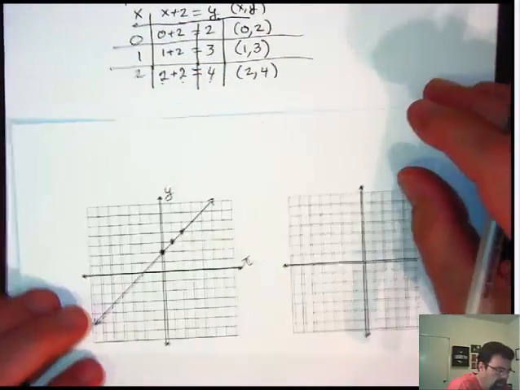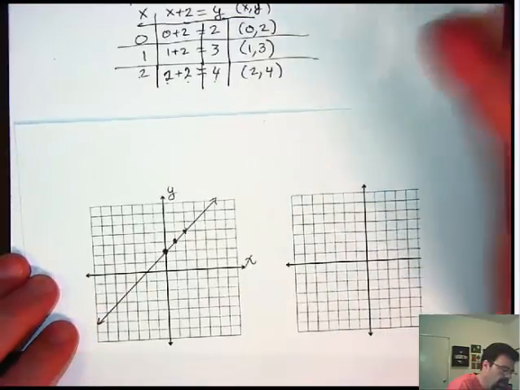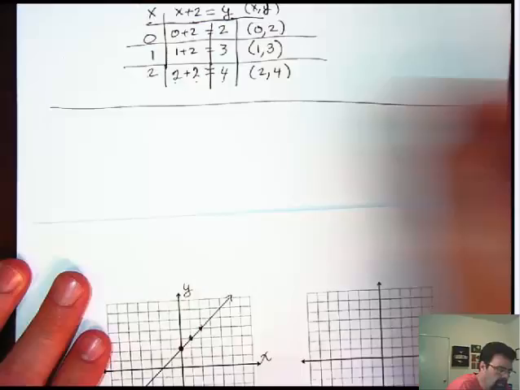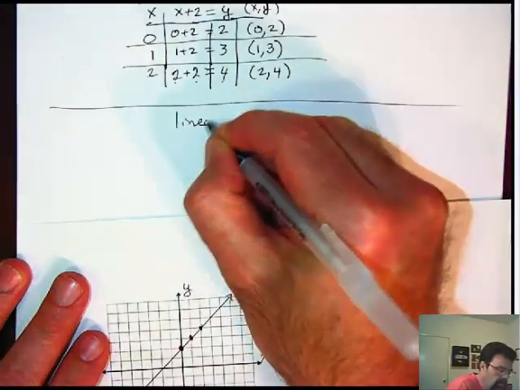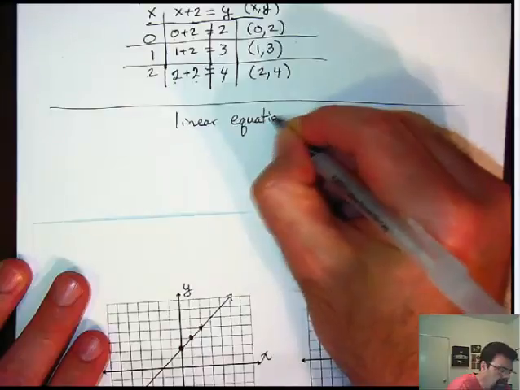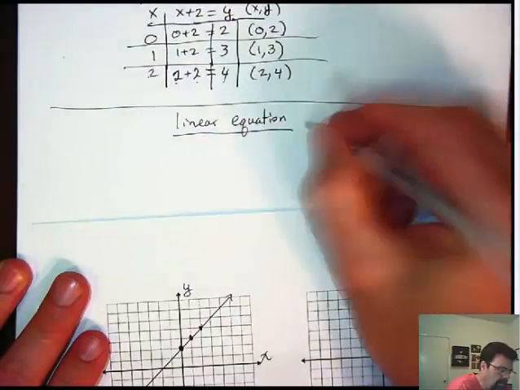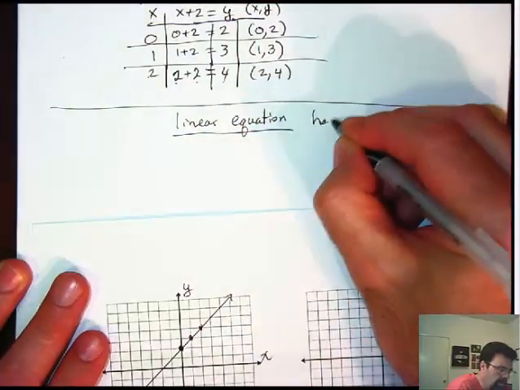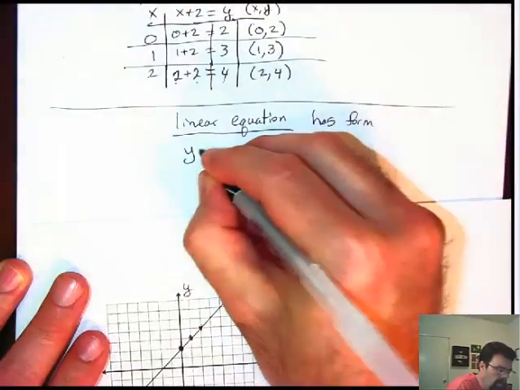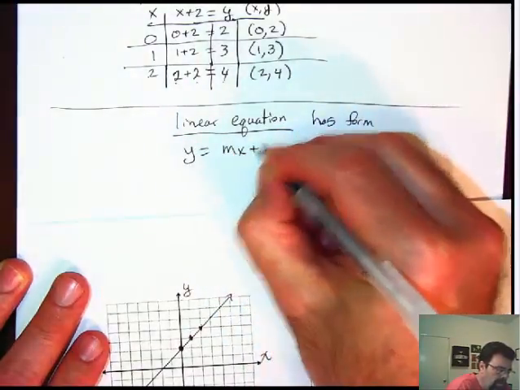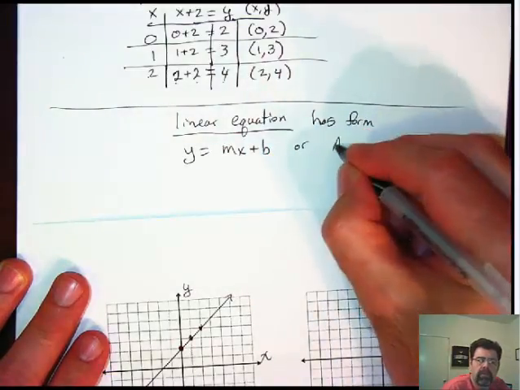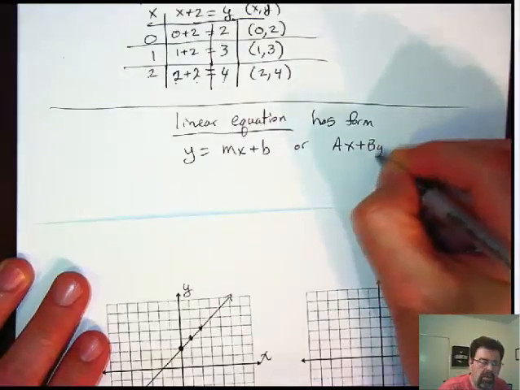So a linear equation, we'll talk more about this later in the chapter, or actually next section, has the form y equals mx plus b, or ax plus by equals c.